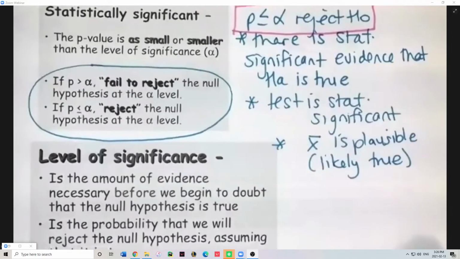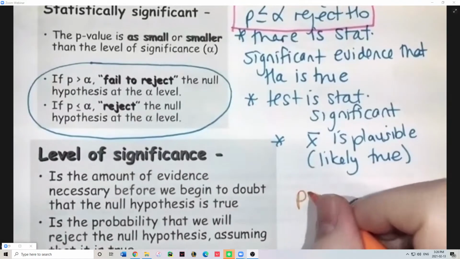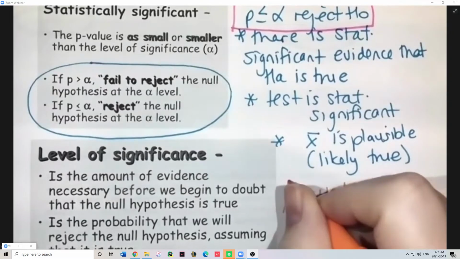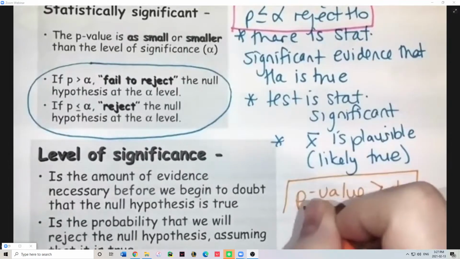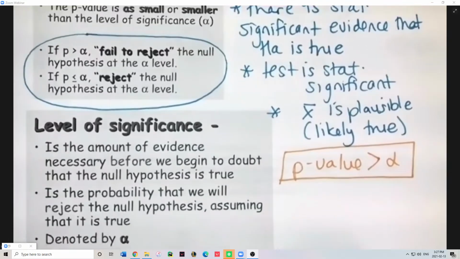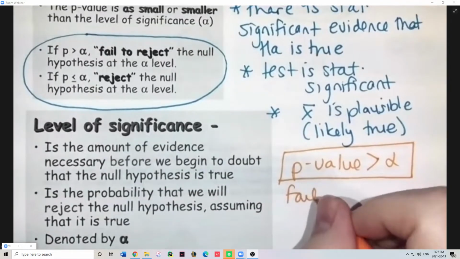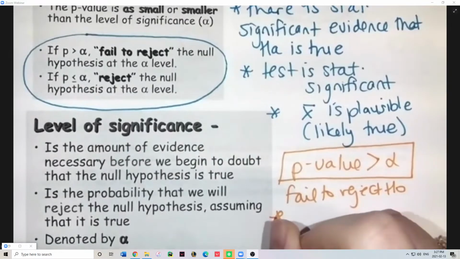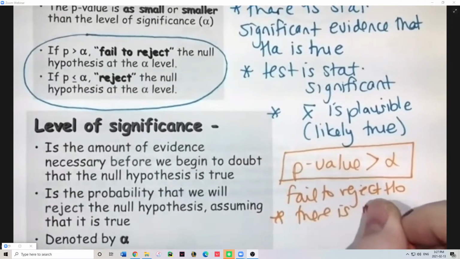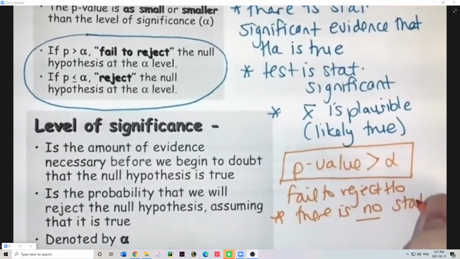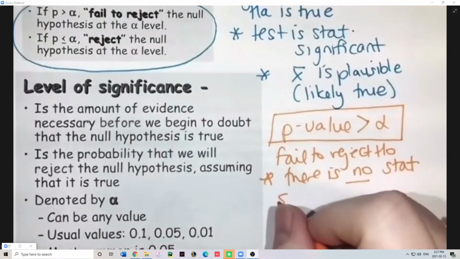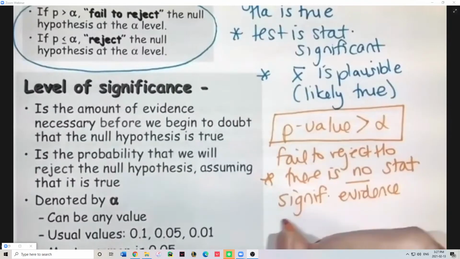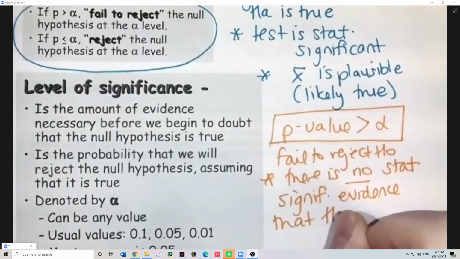Okay. So what if the p-value is greater than alpha? Well, then this means to fail to reject H naught. And that means there is no statistically significant evidence that HA is true.